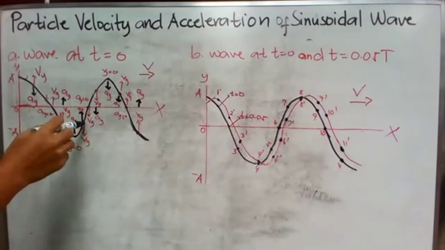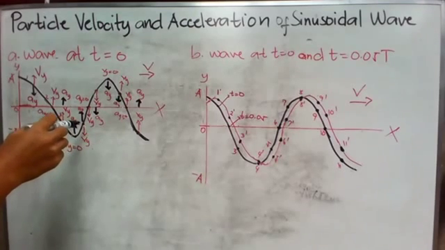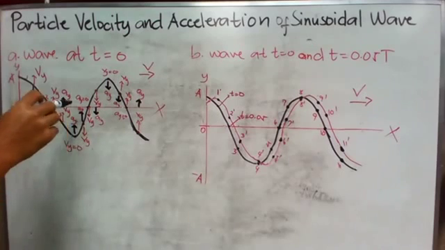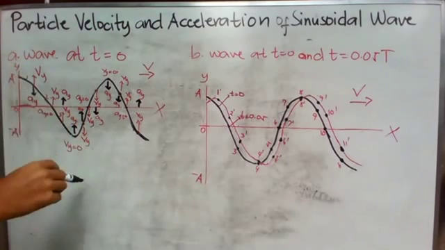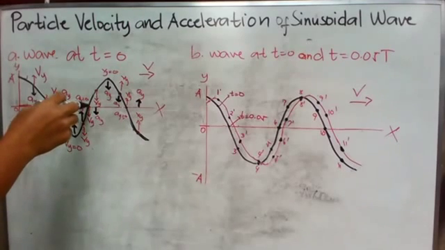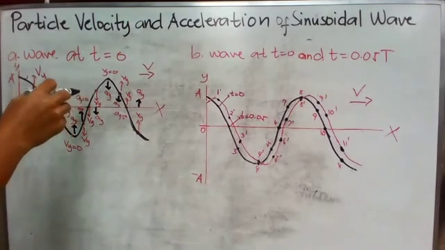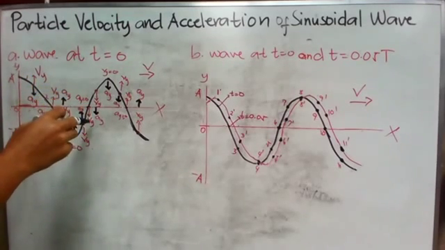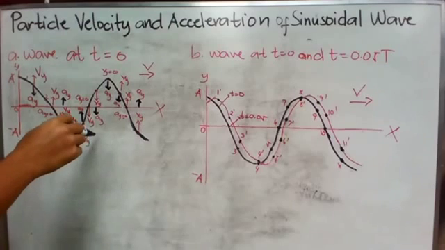Then for particle 4, we have the component Vy downward and our acceleration upward. Then for the particle where x is equal to 0, we don't have acceleration, but we have the velocity component going downward.